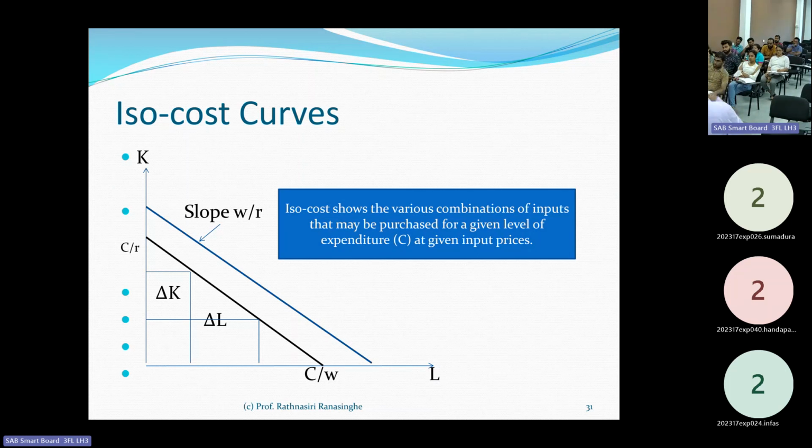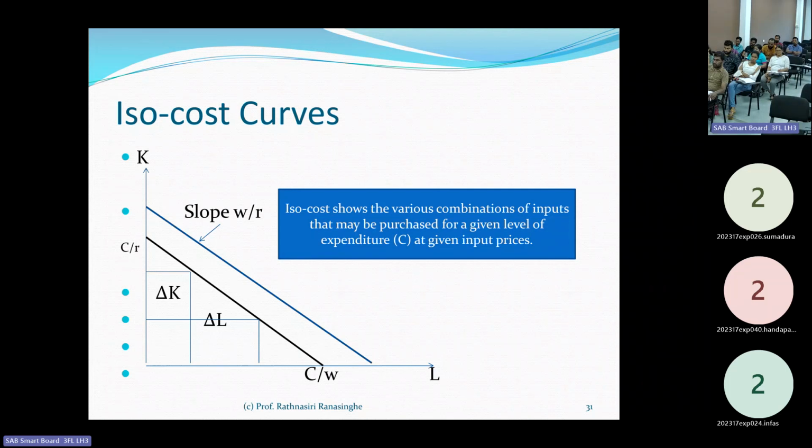In the production process, we need to purchase labor and capital, and decide how much to pay for them. So that aspect we need to incorporate. Here we put capital and labor, the two inputs. Now we find the two extreme points. One point is here.